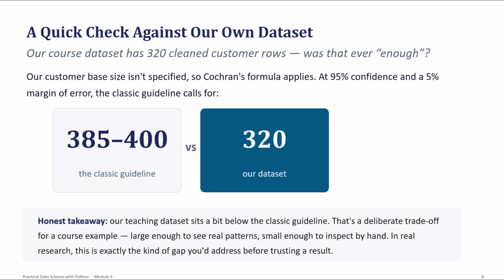But we have 320. Honestly speaking, our data set sits a bit below the classic guideline. That is a deliberate trade-off, of course, for a course like this: large enough to see real patterns, and small enough to inspect by hand. In real research, this is exactly the kind of gap you need to address before trusting any result.